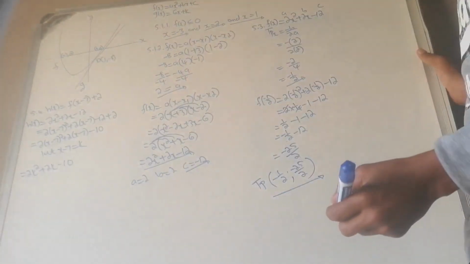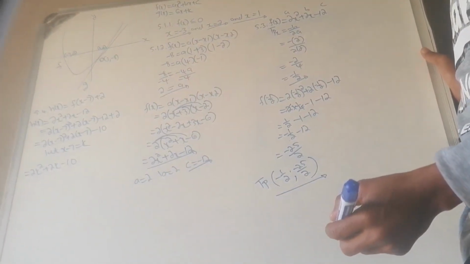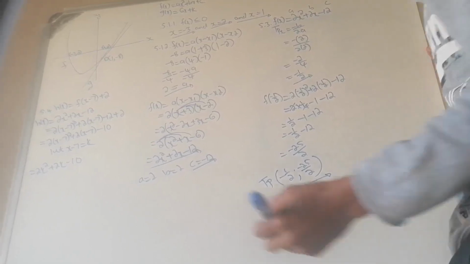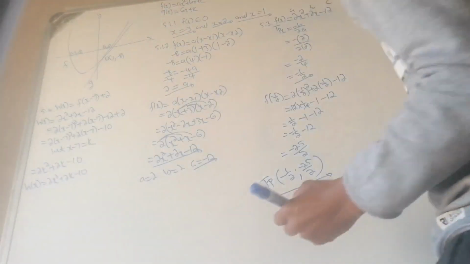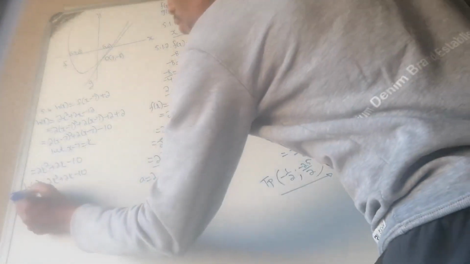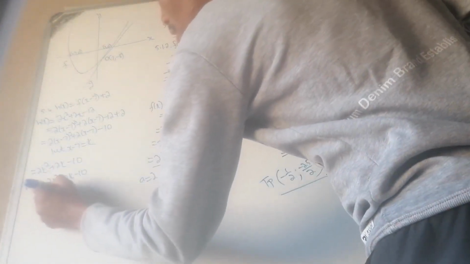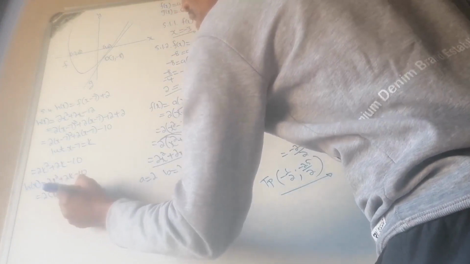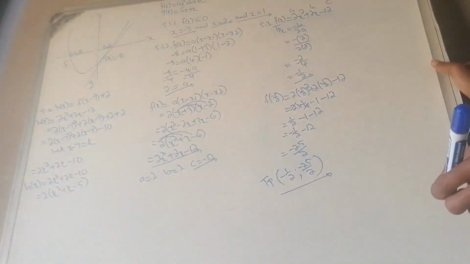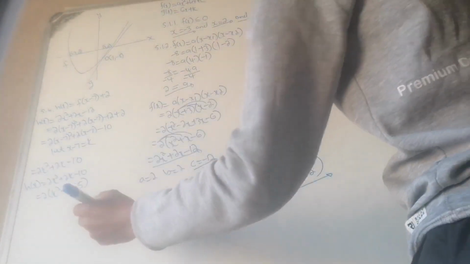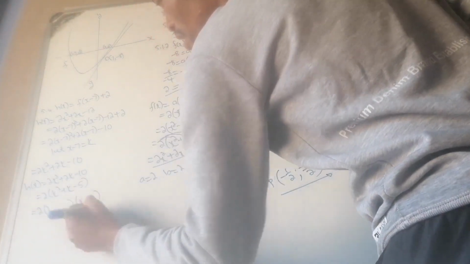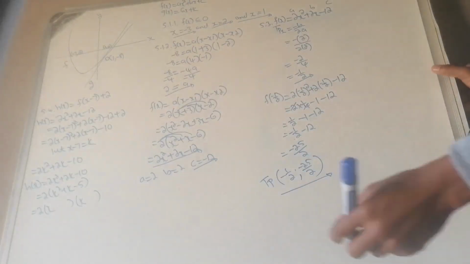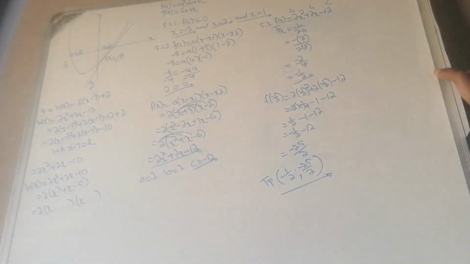I can factor out 2, giving 2(k squared plus k minus 5). Can I factorize it? I need factors of 5 that can give me 1. No.